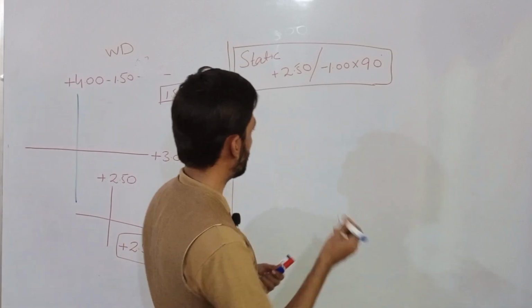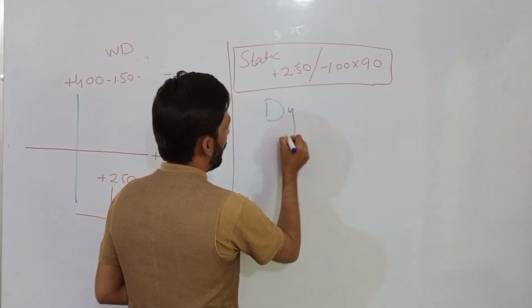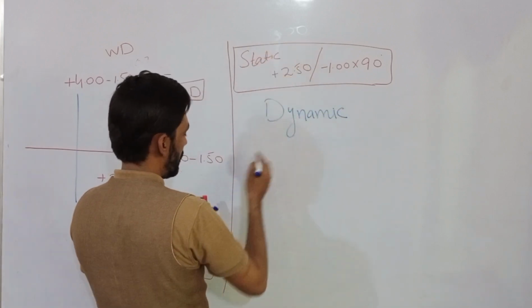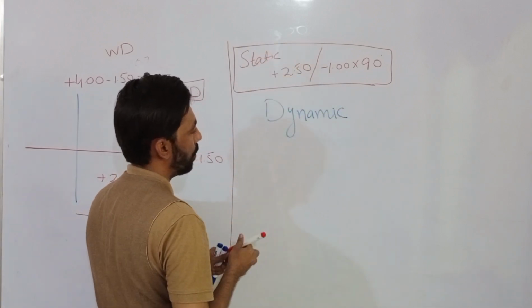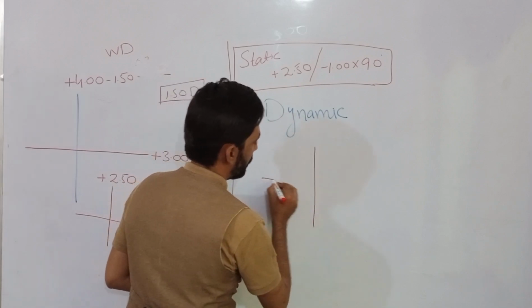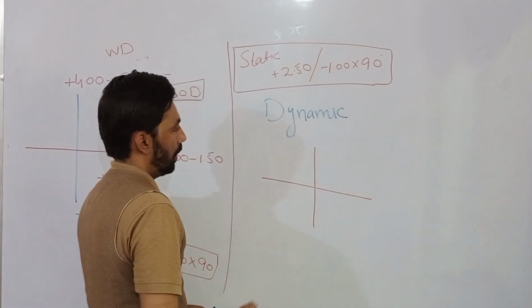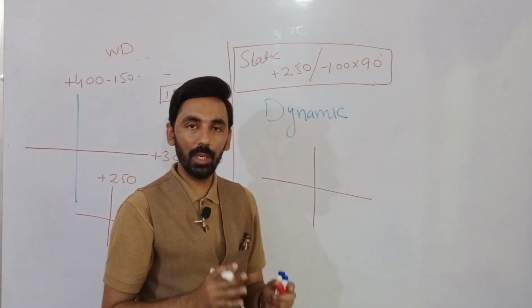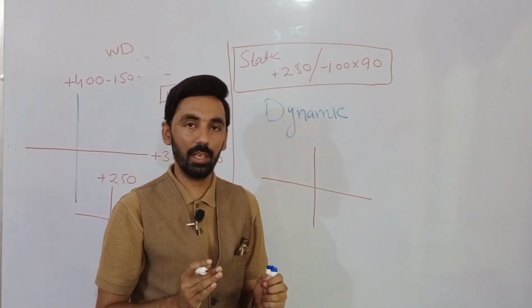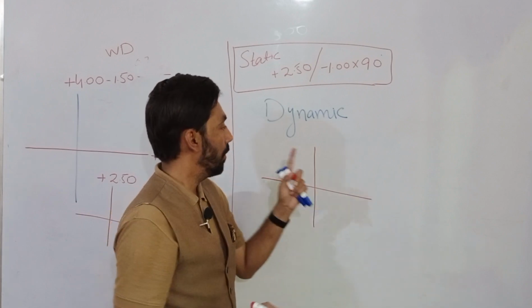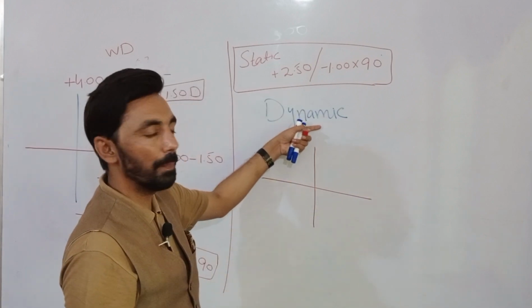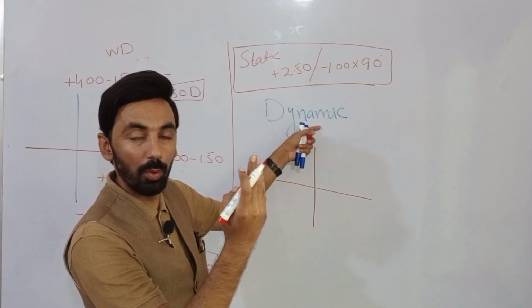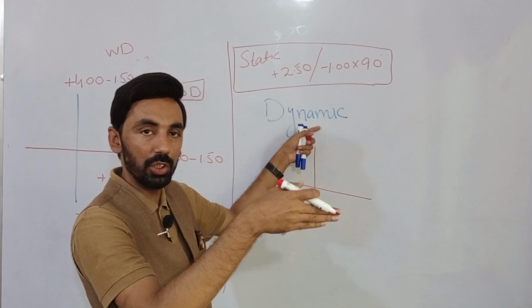So suppose now this is static and this is dynamic. The neutral points of dynamic retinoscopy are always higher than static. Why? Because in dynamic retinoscopy, the patient is looking at near, and when the patient is looking at near, the value would be high because the patient is exerting accommodation, right?